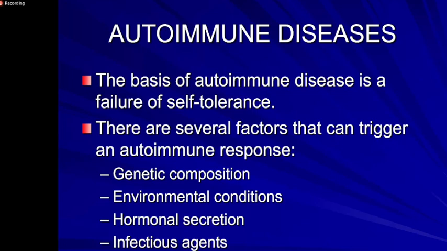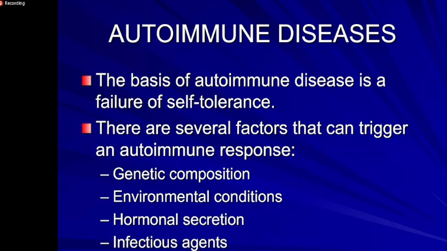Our genetics, the type of the genes we carry, becomes very important in determining who is at a higher risk of getting autoimmune diseases, who is at a lower risk of getting autoimmune diseases.